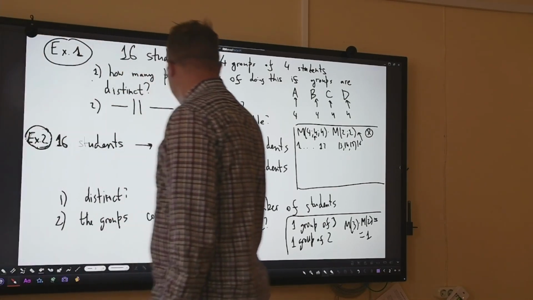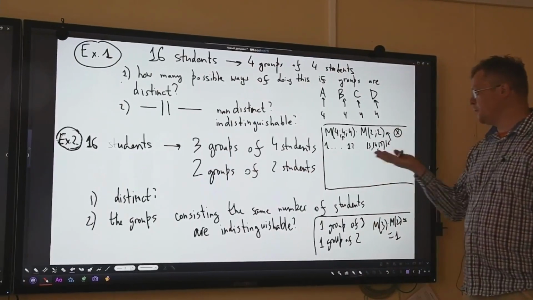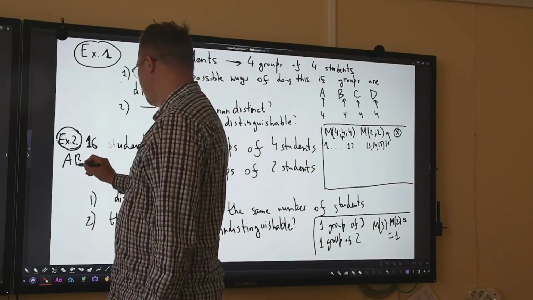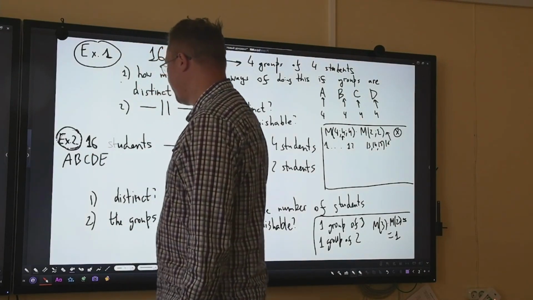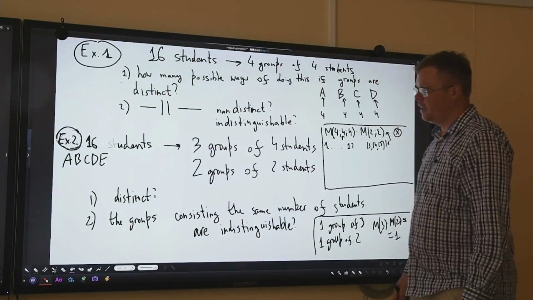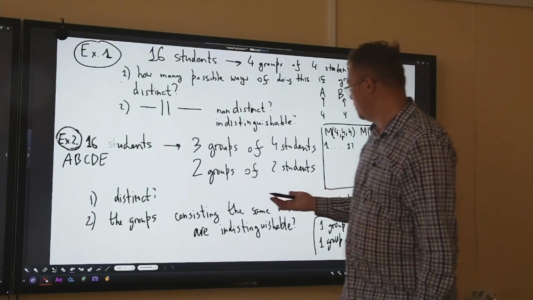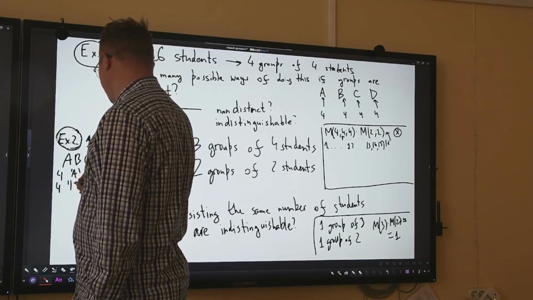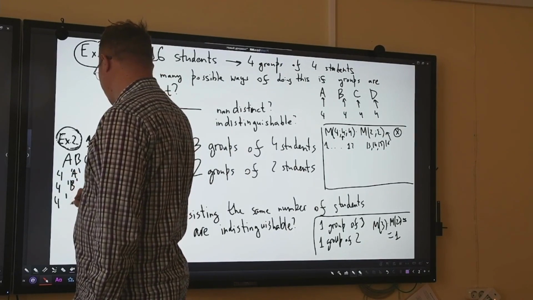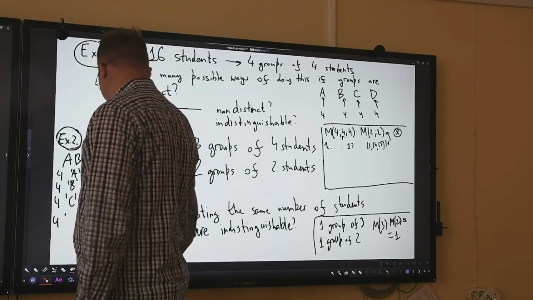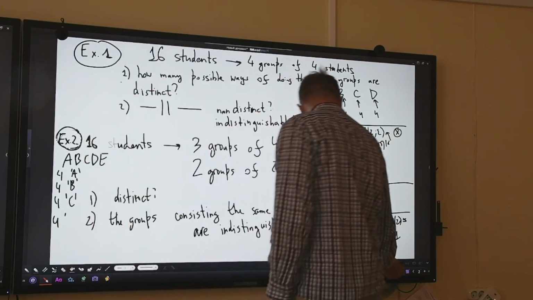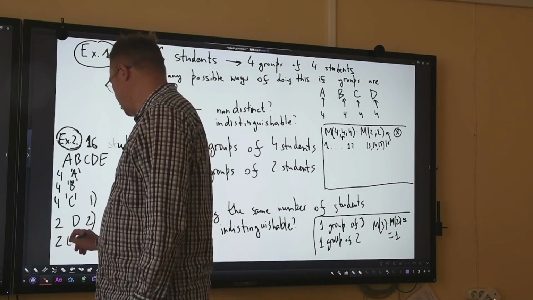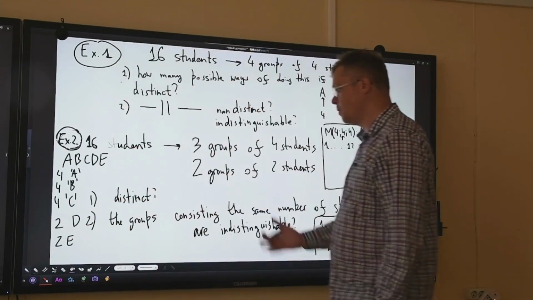So for the first one, all we need to do is we have 5 labels, for example, A, B, C, D, E. We have 5 labels in terms of groups, so we have 4 A's, 4 B's, 4 C's, 2 D's, and 2 E's.